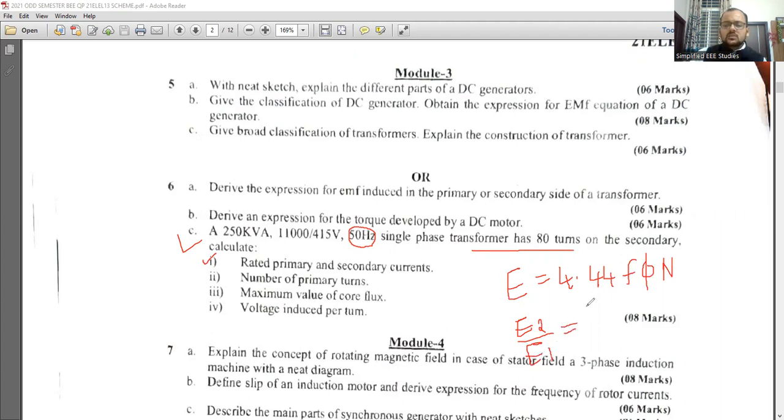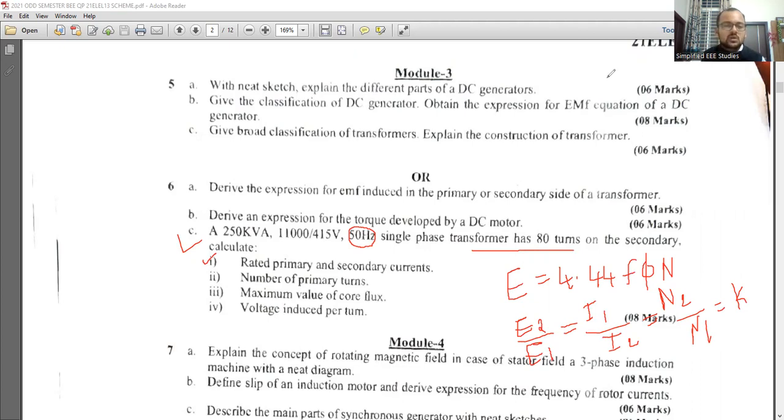Similarly, you can write I1 by I2, that is equal to N2 by N1, which is nothing but K. You need to know this formula also. By applying these two equations, very easily you can solve the problem.